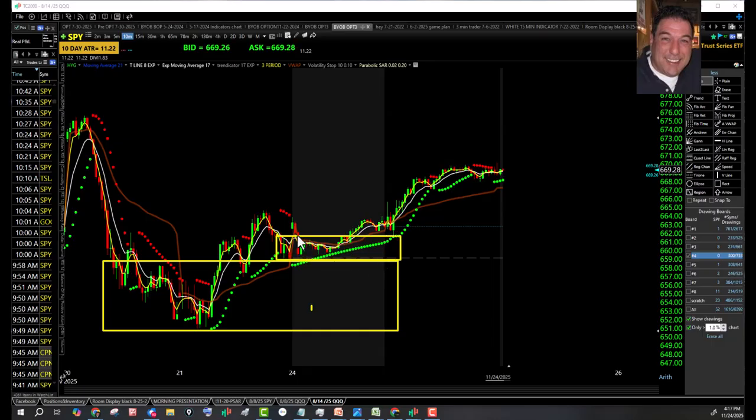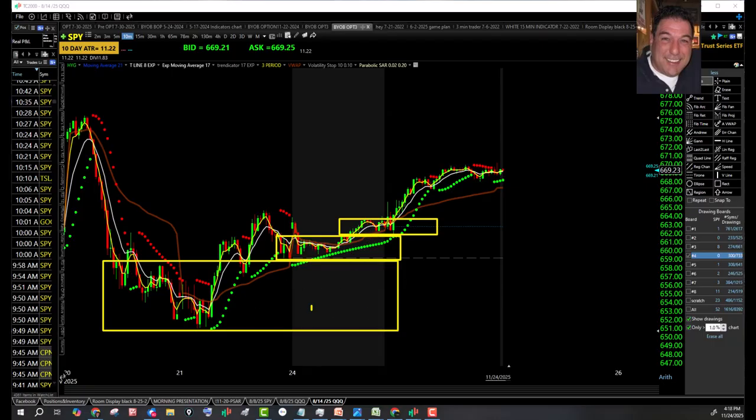Then in the pre-market this morning, we have consolidation over prior consolidation. That's a bullish environment. I'm laying out the landscape: consolidation, higher consolidation, higher low, higher high, another higher low. So my bias should be bullish.